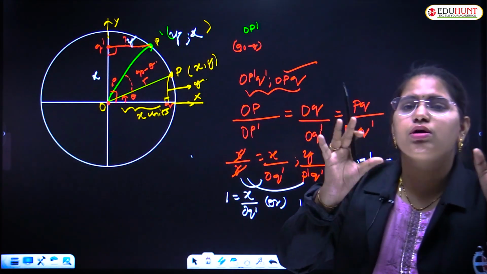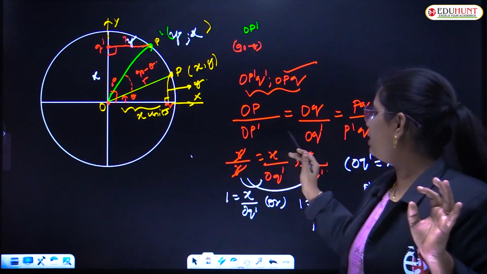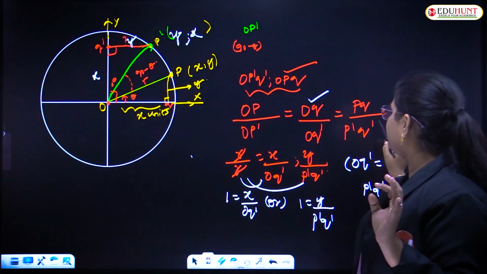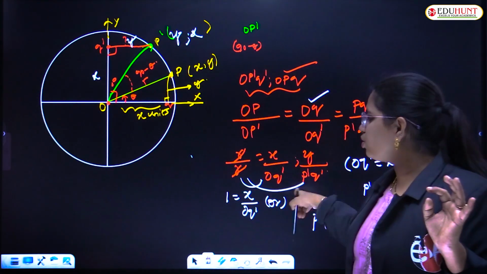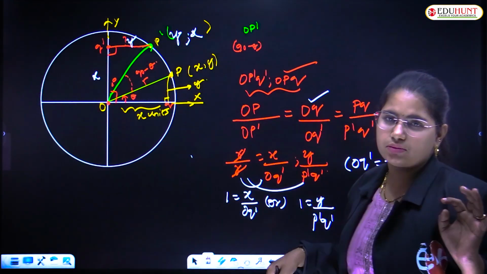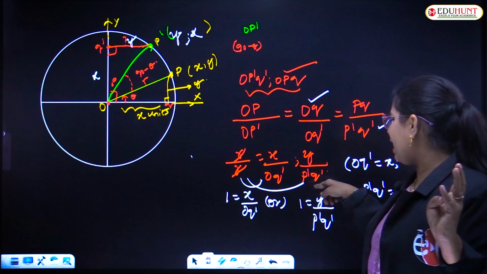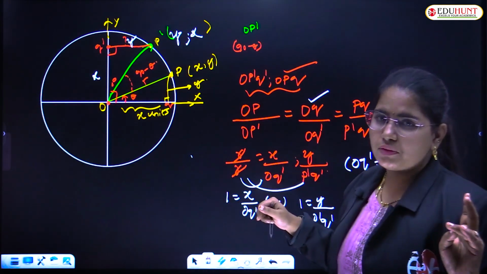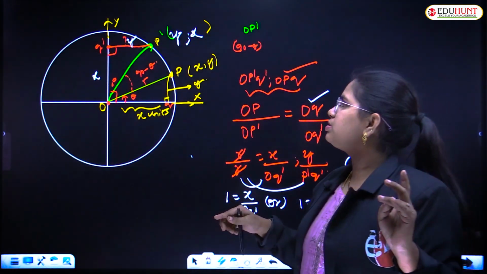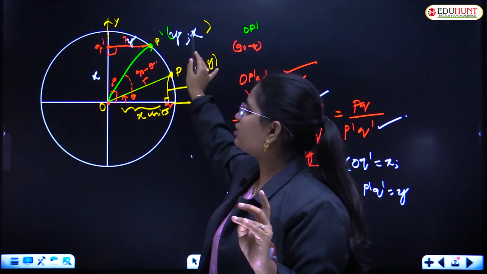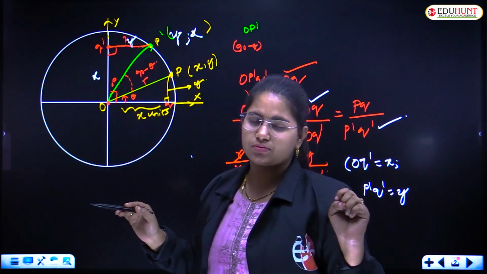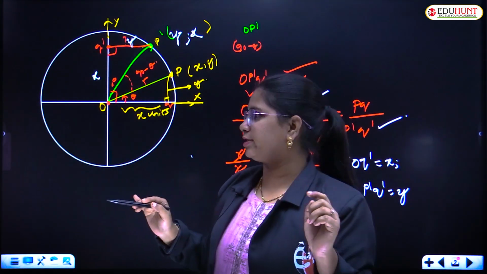In order to find the coordinates of P dash, I need the values of OQ dash and P dash Q dash. So by equating, I got both values. Clear with my point? So I got P dash as Y comma X.